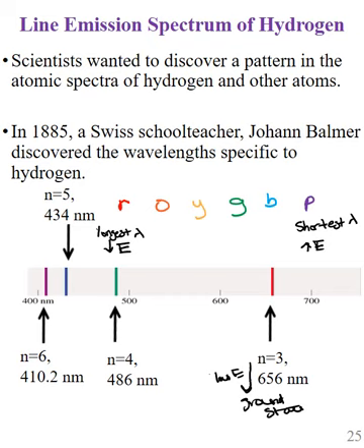Okay, now let's go up an energy level to n equals 4. So now it will drop even further down. So this will have a higher energy in comparison, and therefore it will have a shorter wavelength. And that wavelength is green. Okay, so now you can do that all the way up to purple.